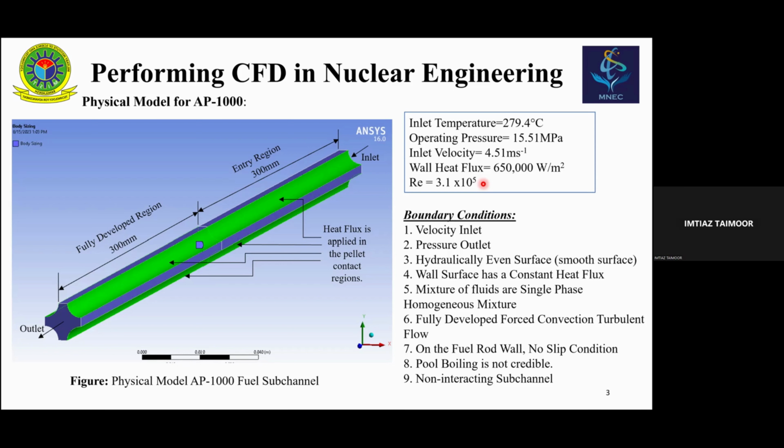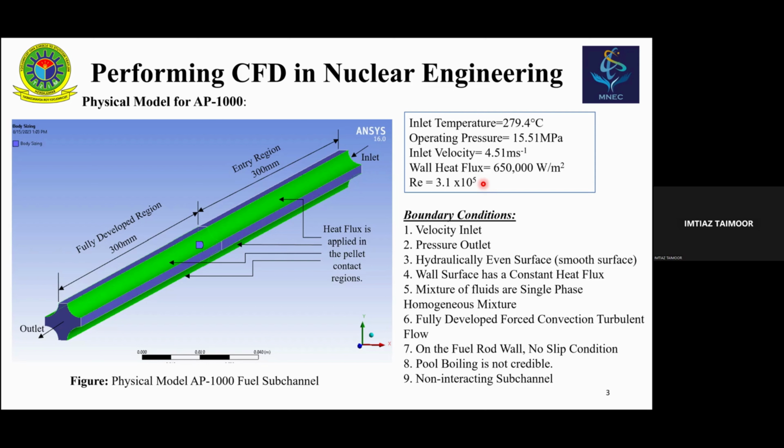All the sub-channels that you take can be of different reactors. It can be any kind of small modular reactor, any kind of molten salt reactor, a water-cooled, water-moderated reactor, or whatever you take. In all the cases, the flow is actually turbulent because in the primary circuit, we have a very high pressure and the velocity of the flow is very high.